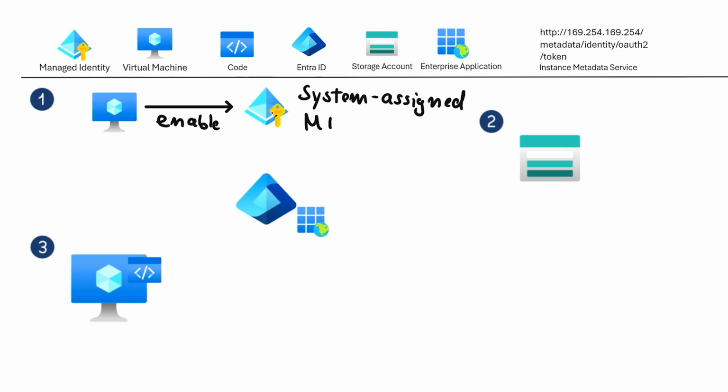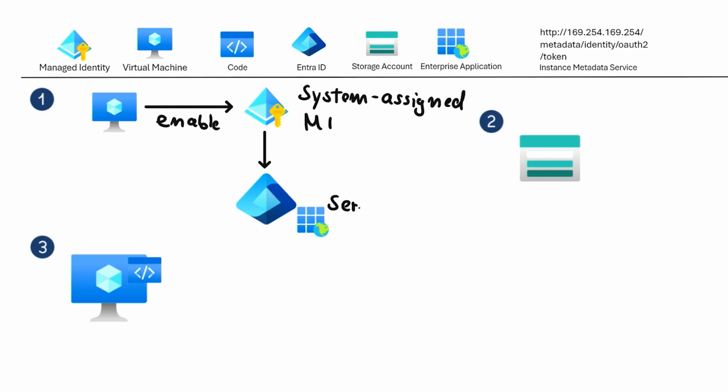What happens when you create this system-assigned managed identity? It will create an identity within an Entra ID tenant. In that Entra ID tenant, it will create an object that is called an enterprise application or a service principal, just another name for this.